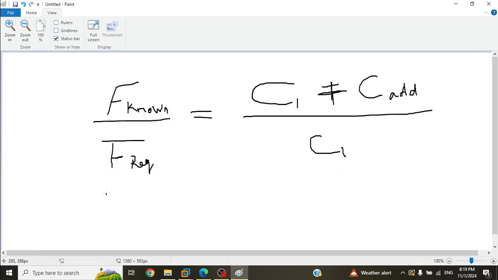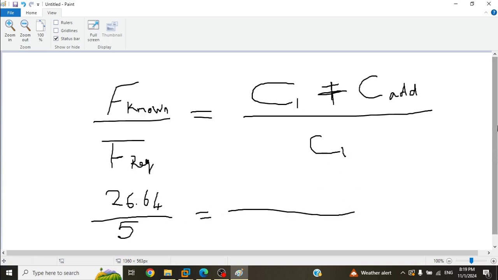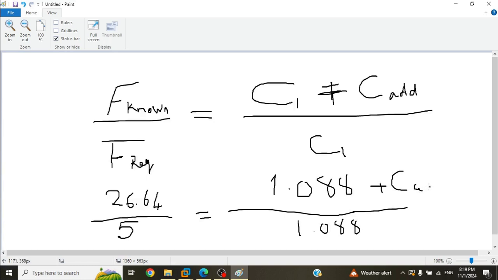So F known is 26.64, and the required frequency we need is 5 giga, equal to 1.088, we have already calculated, plus C added. We need to know the value of this added cap.